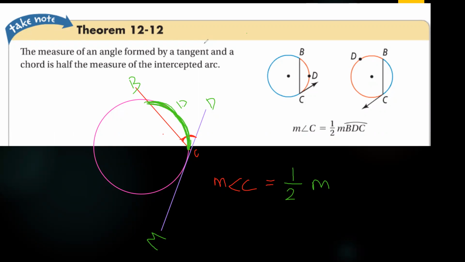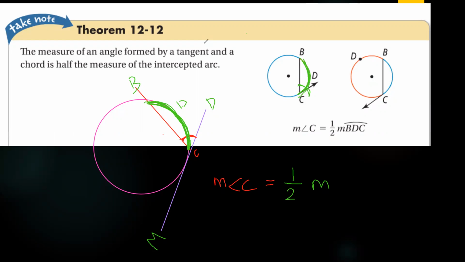If you have a tangent line and a chord, they intersect each other at a point of intersection, which is the vertex. The vertex here will be the vertex of the angle C. Now the measure of the angle C is half the measure of its intercepted arc.